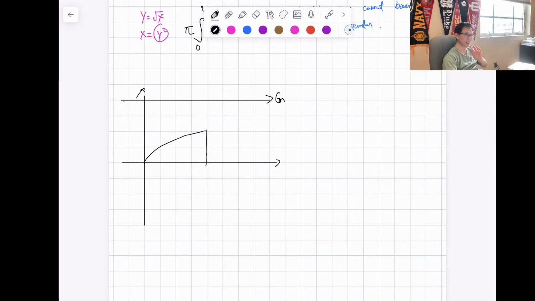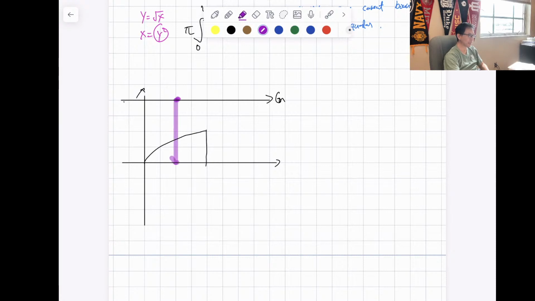Okay, so let's see if that's right or wrong. I'm gonna start from the axis of rotation. Remember how I draw my boundaries? My boundaries start from this part, not from the x-axis, but from the axis of rotation, drawn towards the boundary.